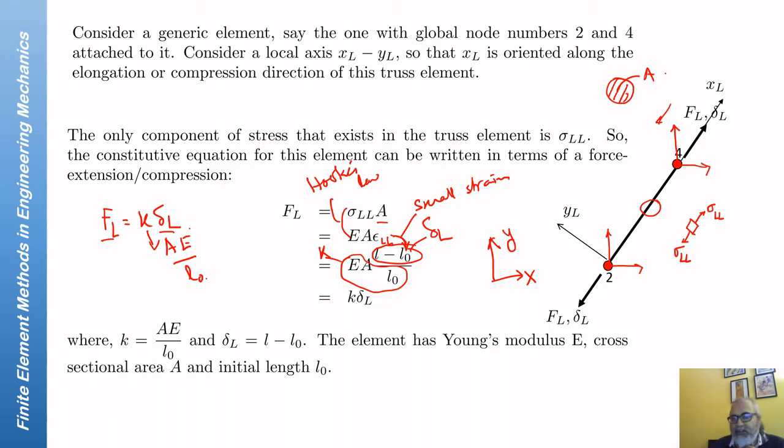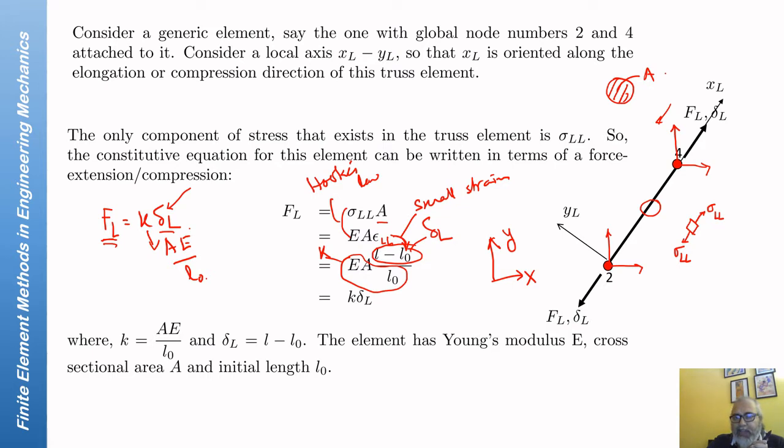In particular, for the truss structural element, we deal with only a force along the axial direction and the change in length along the axial direction. So all this follows from a set of assumptions about the constitutive behavior and geometry of this structural element.